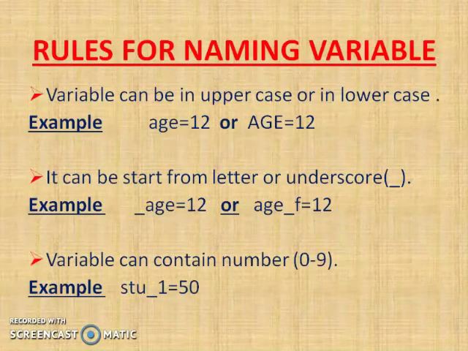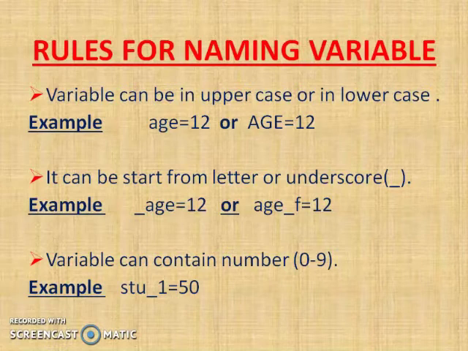Now, there are some rules for naming the variable. See what are the rules. The first one is variable can be in uppercase or in lowercase. These two variables are treated as different variables. The second one is it can start from a letter or underscore. Means the variable name you can start from the letter as well as from the underscore also.